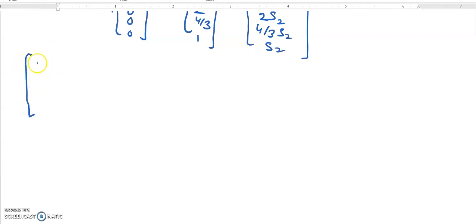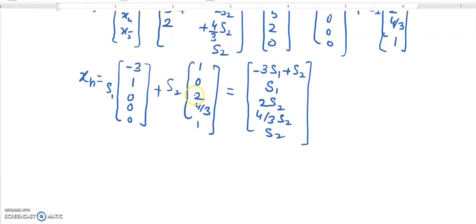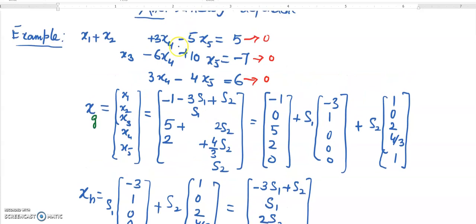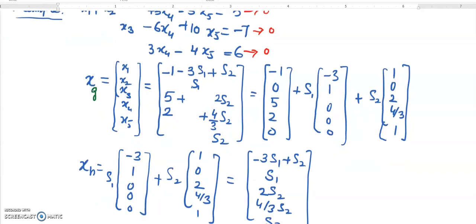In this case it will be easier if I, instead of the augmented matrix, because that will be a 5 by 3 matrix, maybe I would directly solve it. Okay, so let me take the last equation. So the last equation is this one: 3x4 minus 4x5 is equal to 6.